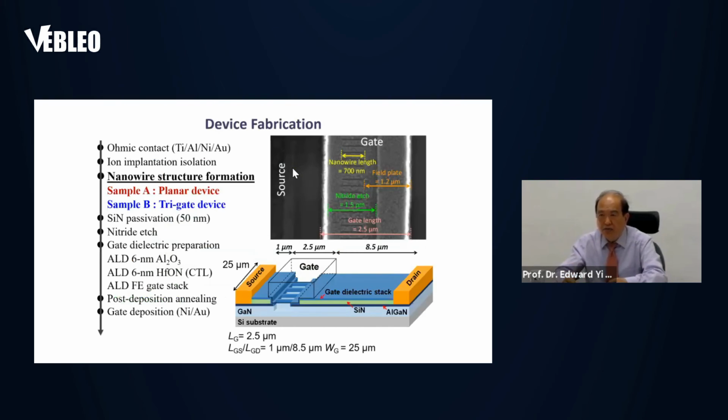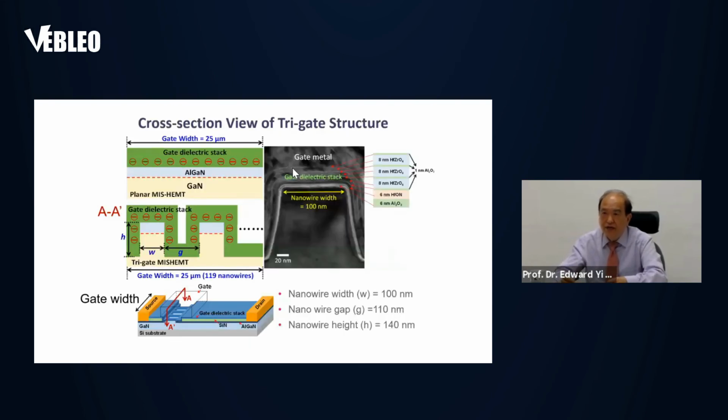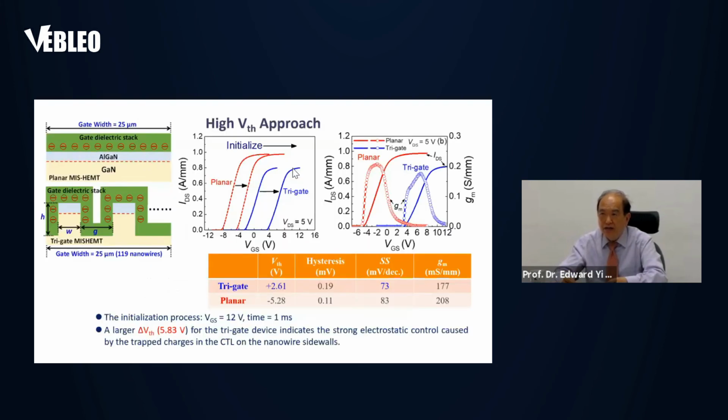And this is the top view of the device, and you can see that there are quite a lot of fingers. Each one is about 100 nanometer, and they are parallel to each other, and then you put the ferroelectric stack around them, and then you deplete every finger, and all the fingers together give you the total current. And this is for each finger, we have around 100 nanometer with the gate stack.